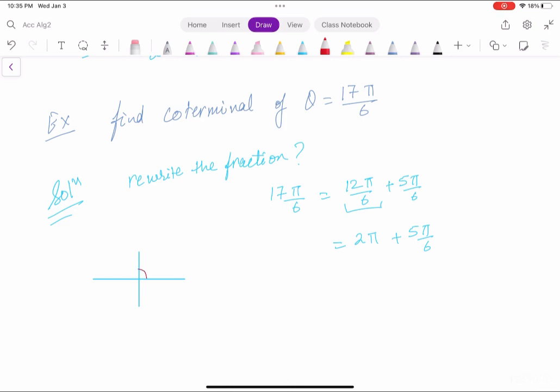Let's reconstruct it. And that will be 5 pi over 6, and that will land in the second quadrant. So that is the terminal side we are looking for, and we need to find another angle that will share the same terminal side.